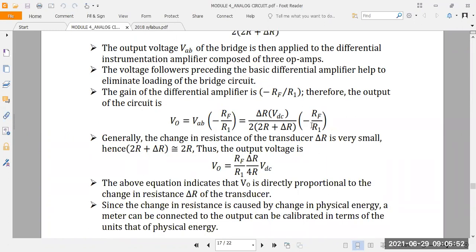You have to neglect delta R, the change in resistance, as it is much less than 2R. Then you write the V0 equation: RF by R1 into delta R divided by 4R, into VDC. It means the change in the output voltage depends on the change in the resistance, on the feedback resistance, and also on the applied DC voltage, VDC.